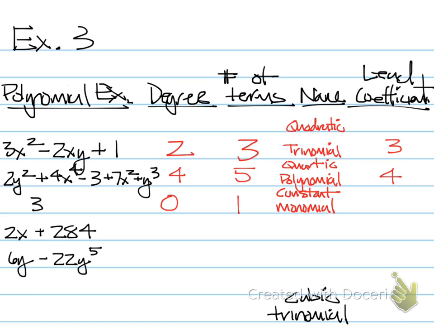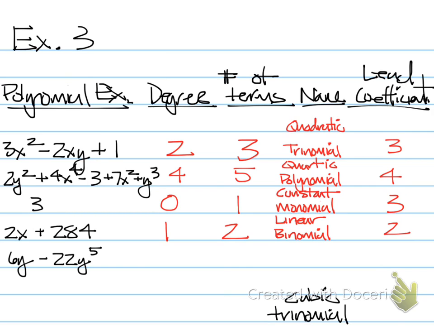The only coefficient there is 3. Next term, the degree is 1. The number of terms is 2, so it would be a linear binomial because the degree is 1 and there are 2 terms. The lead coefficient is 2.